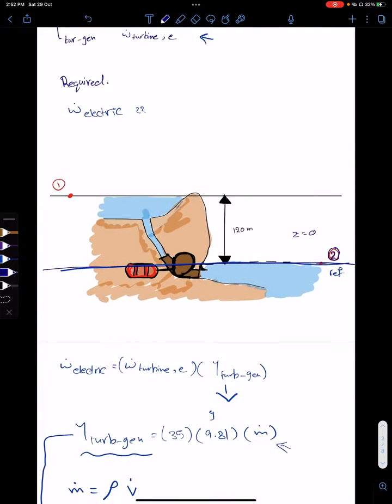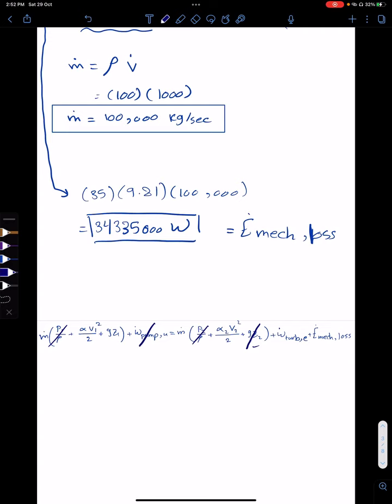Why is that? Because at point 1, the pressure acting on it is atmospheric pressure, so it's the same as the pressure acting on point 2. So they will cancel each other out.